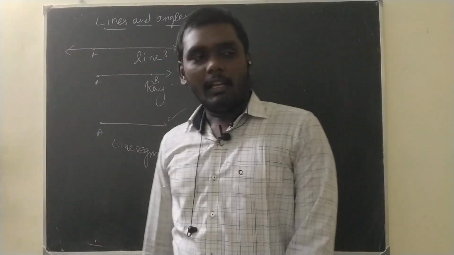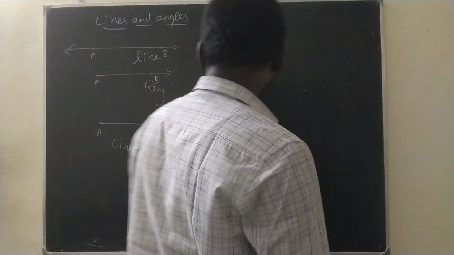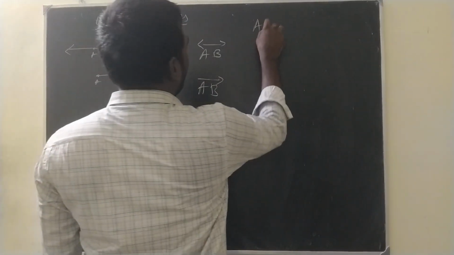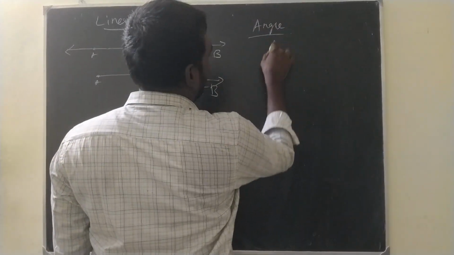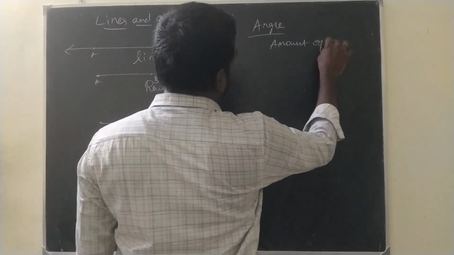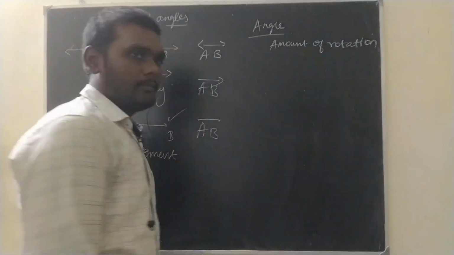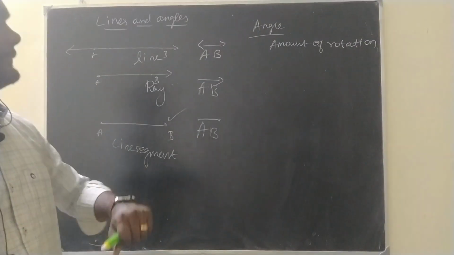Likewise, we have another thing called angle. Angle is simply the amount of rotation. Angle is the amount of rotation.